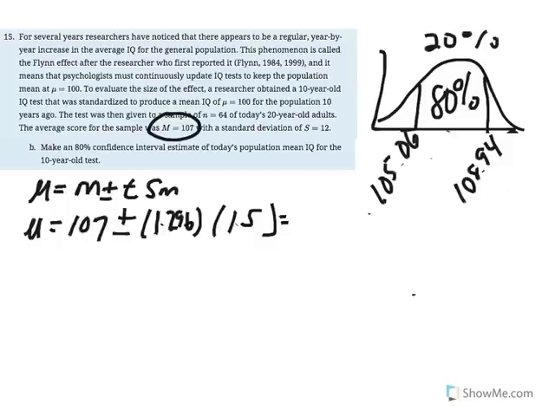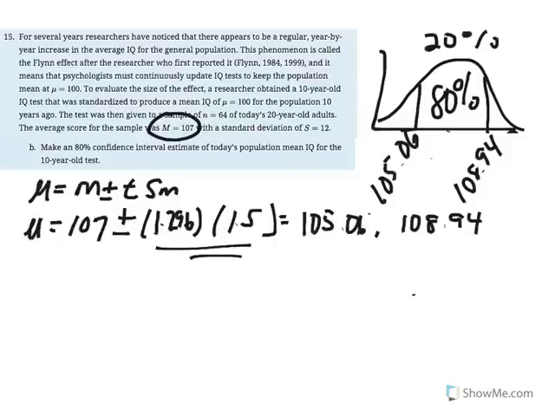So again, we're talking about a range of 105.06 through 108.94. And just to make this more appropriate, I'm just going to do a comma here because these are the two values. Again, because we're doing plus and minus, or the negative and positive version of this product here, we're going to get two different values.